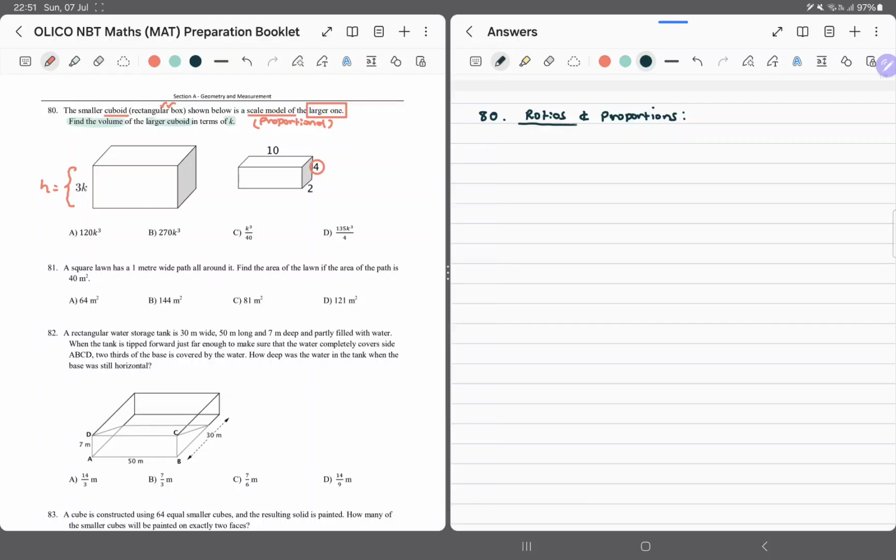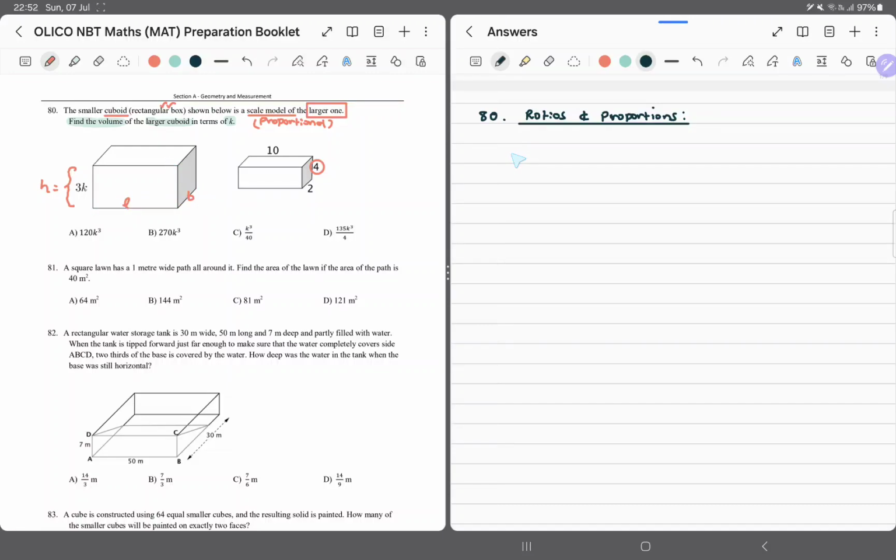So the knowledge of ratios and proportions is key here. So let's see. We understand that essentially what we need here is the length. We also need the breadth, because volume is length times breadth times height.